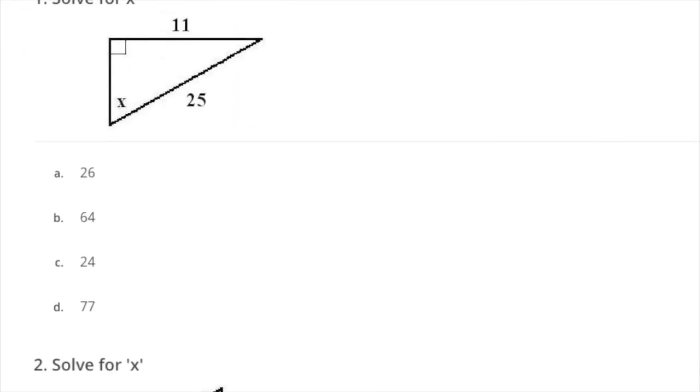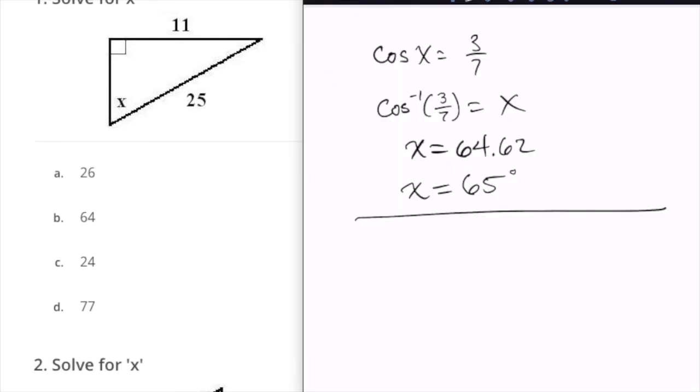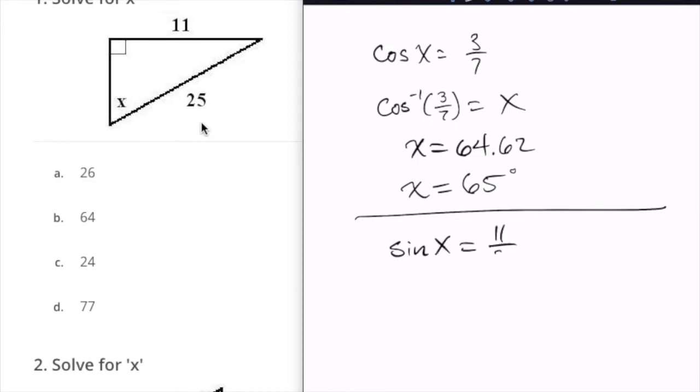Let's try another one. Solve for x. Here x is the angle again, and opposite the angle is 11, and the hypotenuse is 25. So we know we're talking about sine, so the sine of x is equal to 11 over 25.